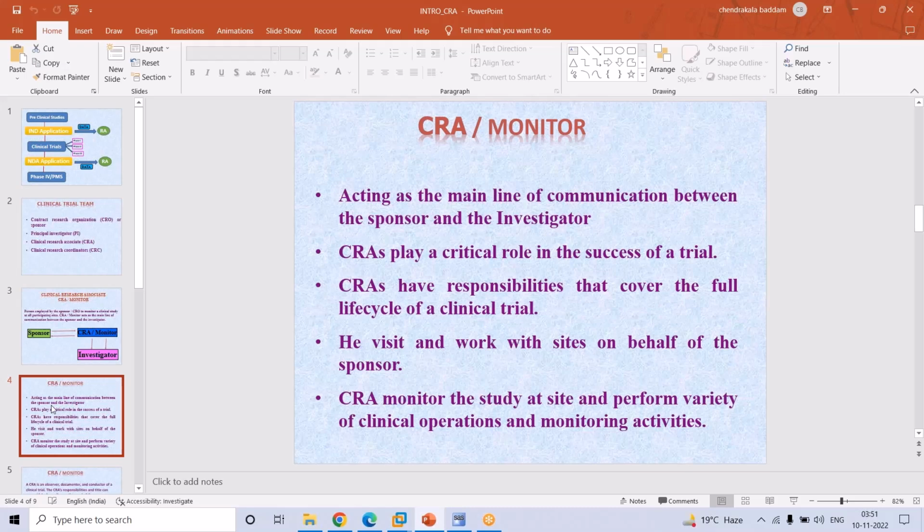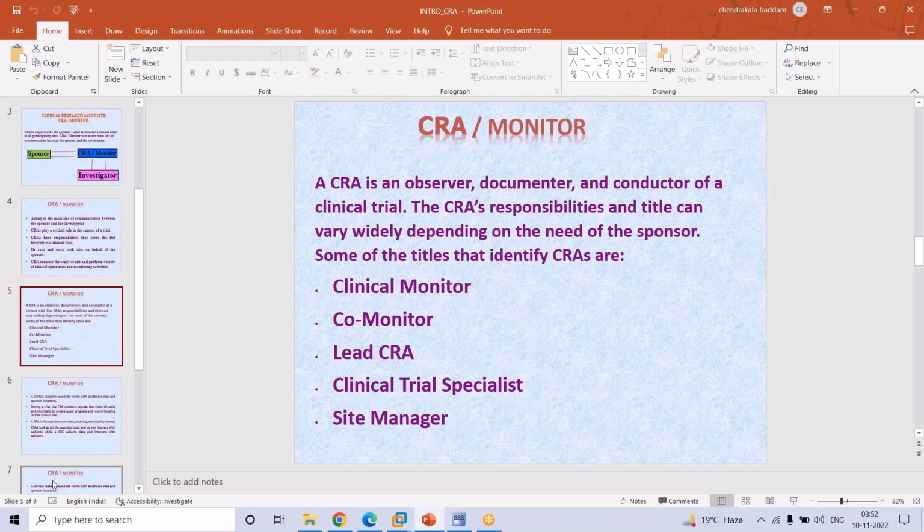You visit, work with the sites on behalf of the sponsor. So CRA monitors the study at the site and performs a variety of clinical operations and monitoring activities. Okay, so CRA is the observer, documenter, conductor of the clinical study.